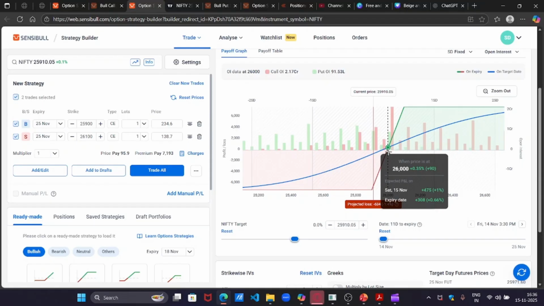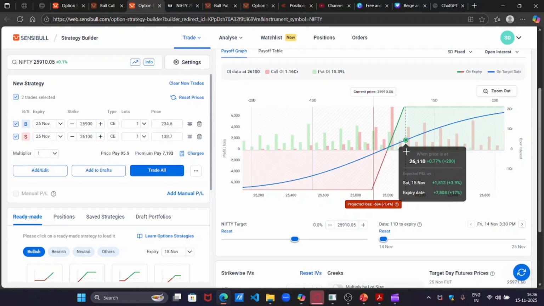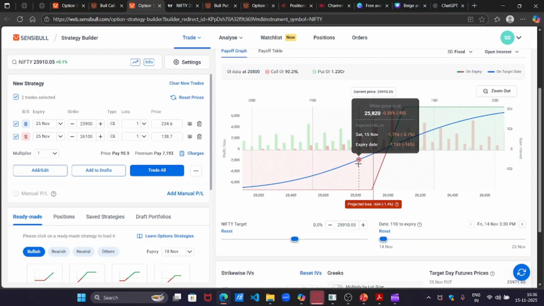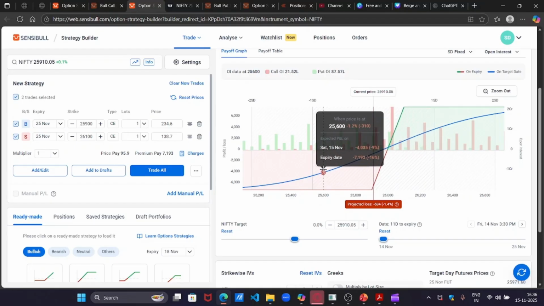And I'm saying it will go above. So if I go here, 26,100, I'll be making a profit of 17%, right? If the market stayed here and went down, I will not be making any profit and I'll be having a loss of 16%, 7,193, right?